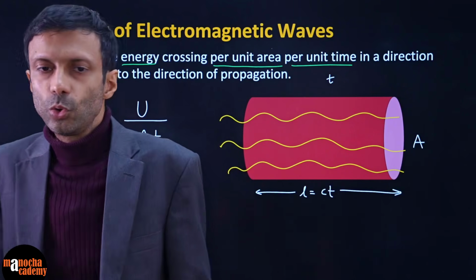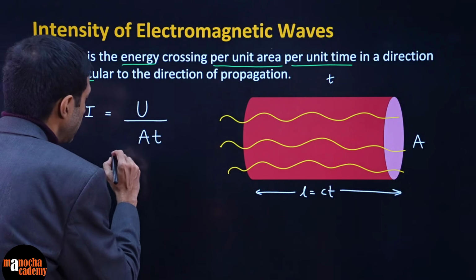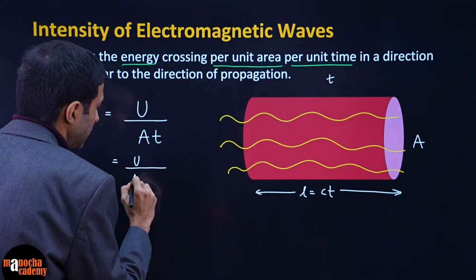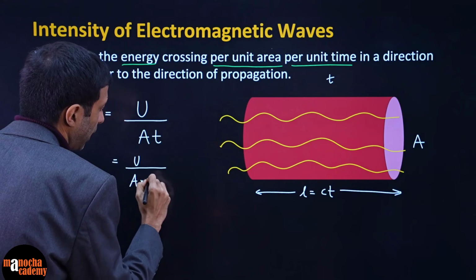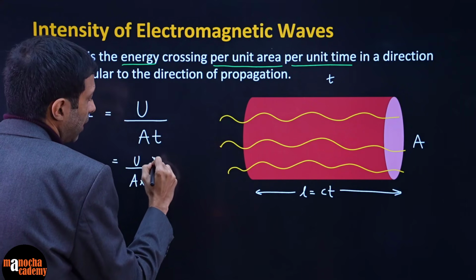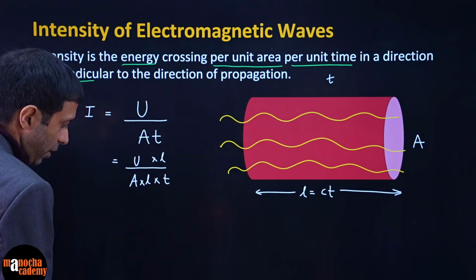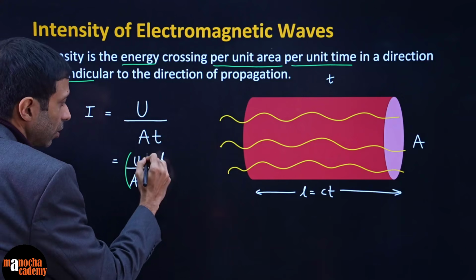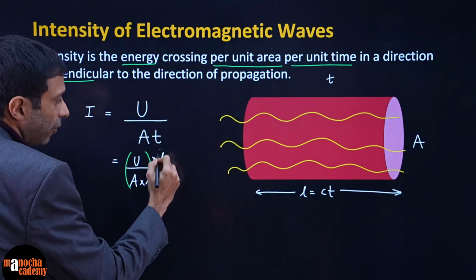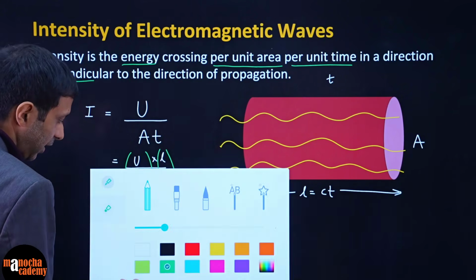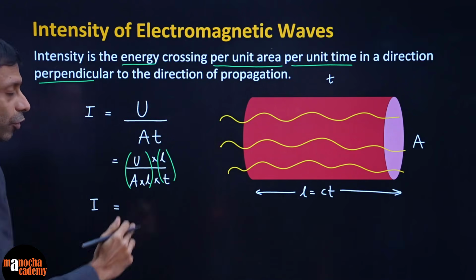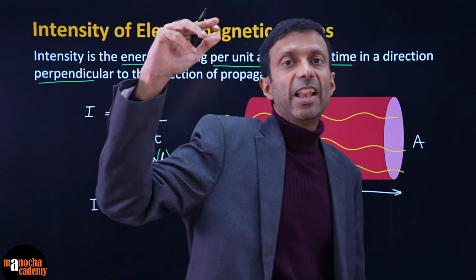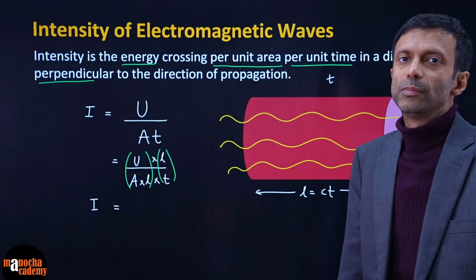Now I am going to take this intensity formula, and I will multiply by L in the denominator and in the numerator. If you look at this carefully, can you tell me what is U divided by AL and what is L by T? U divided by AL is energy per unit volume.